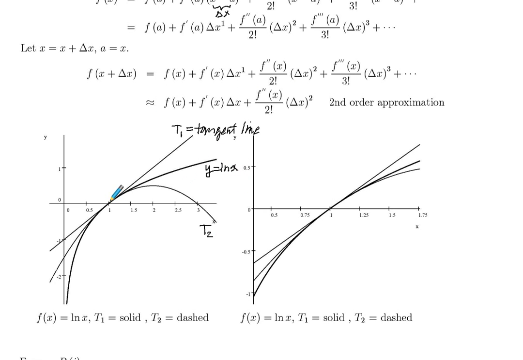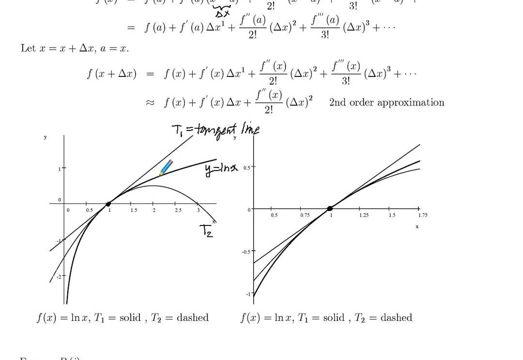Now if you zoom in on the point of tangency, and here I use the point of tangency to be 1, 0, then you see that this function is concave down, so that means that the tangent line is always above the curve. So the tangent line is always going to overestimate the function value.